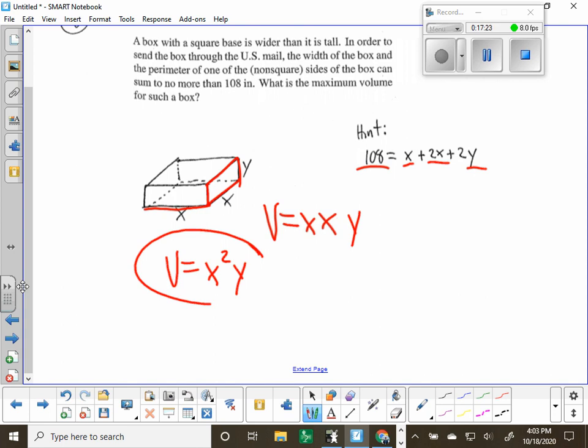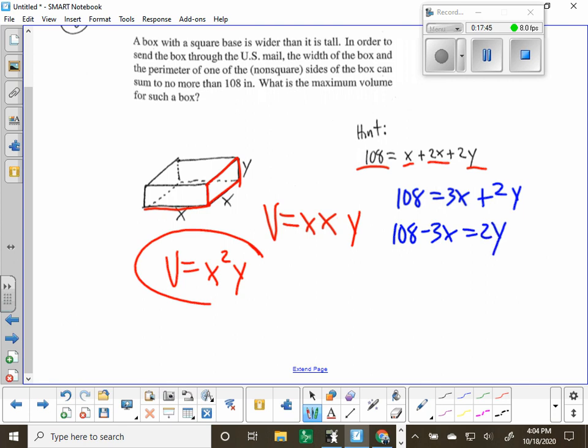So what do I do? I go over here and I have to solve this for y and plug it into my main equation. So this is the hint equation or the helper equation. So 108 is equal to 3x plus 2y. Subtract 3x over. 108 minus 3x is equal to 2y.